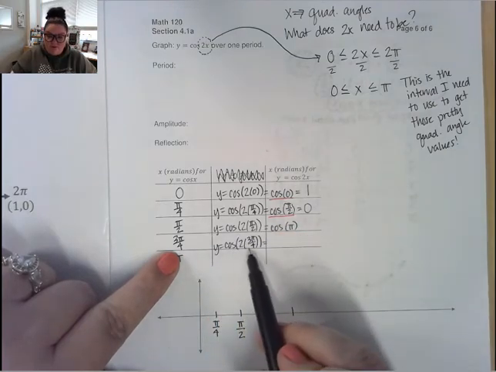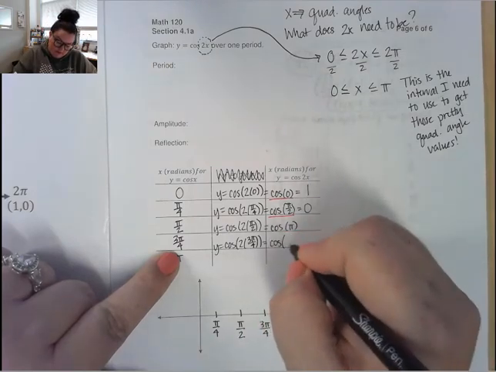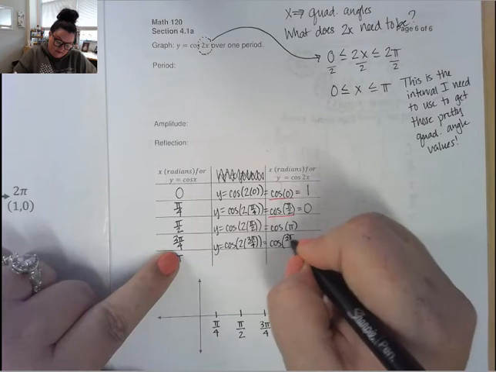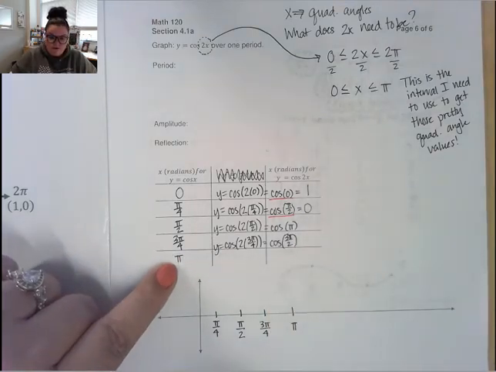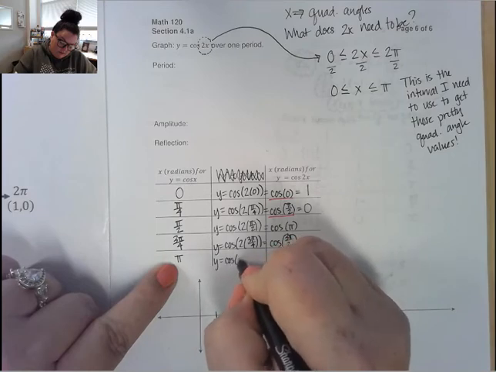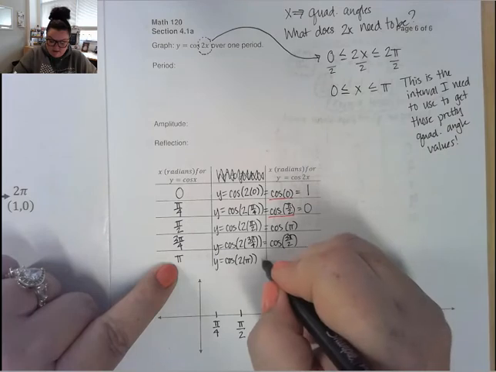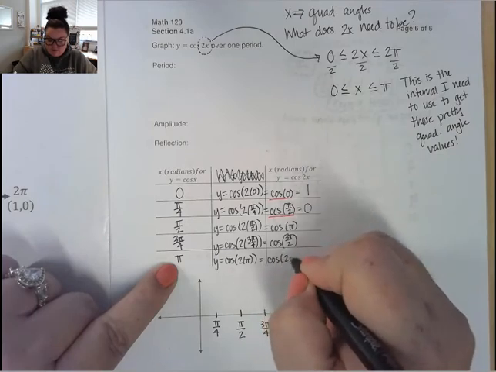My 2 and my 4 are going to reduce. So this just gives me cosine of 3 pi over 2. And then on my last one, y equals cosine of 2 times my input, which is now pi, which is just cosine of 2 pi.